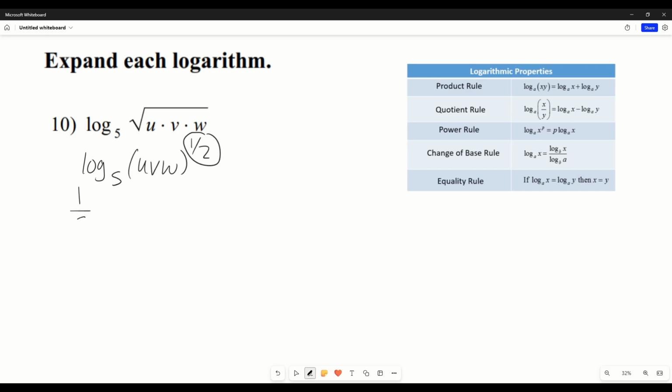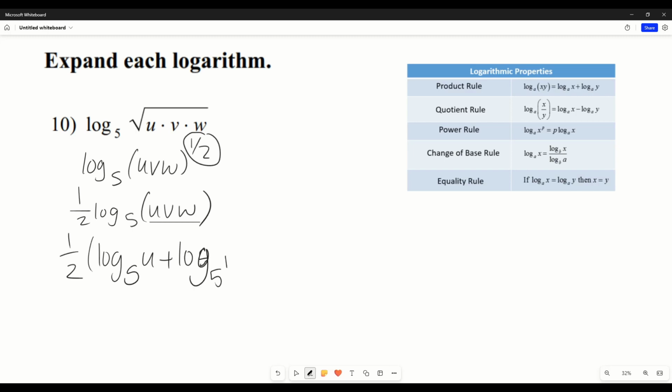So 1/2 times log base 5 of u v w. Now what's inside is basically the product rule, because they're all being multiplied. So let's write this as 1/2 times log base 5 of u plus log base 5 of v plus log base 5 of w. And this is technically going to be our final answer for this problem.